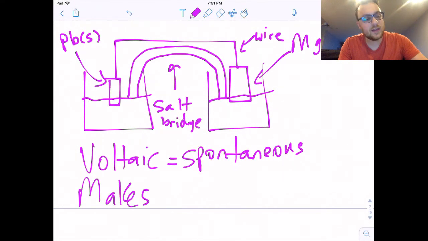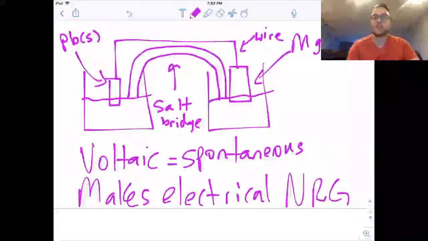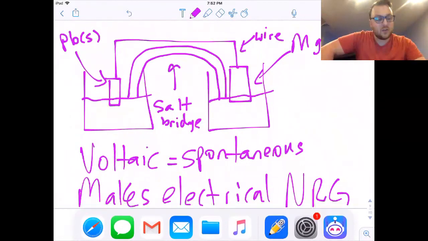And a voltaic cell will always be some sort of oxidation and reduction reaction. So if you see a voltaic cell like this, there won't be a battery. No battery. That means this reaction is spontaneous.